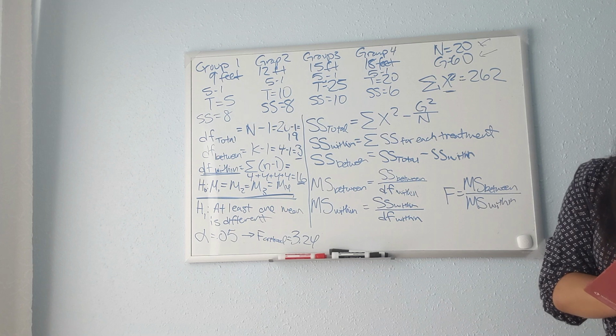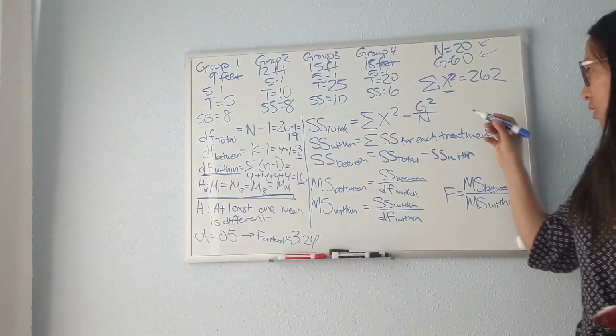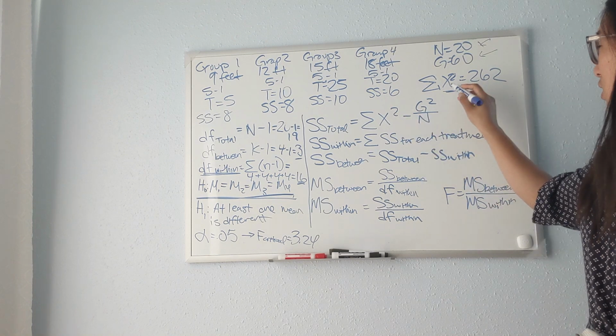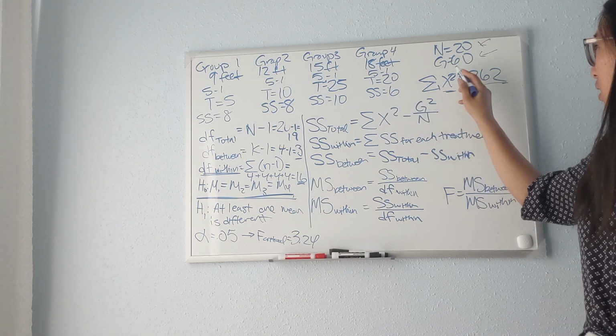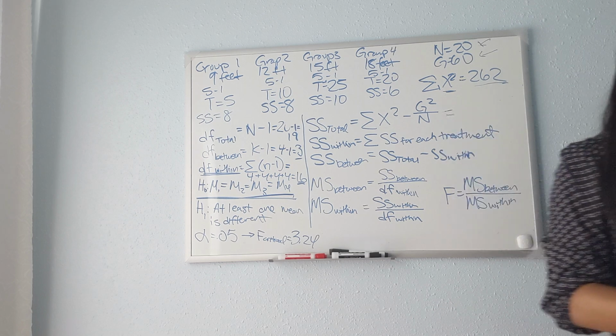Okay, sorry, I'm just making sure I did everything correctly so far. So I have all this data, these numbers within that were given. So I'm just using things that are given right now, okay?